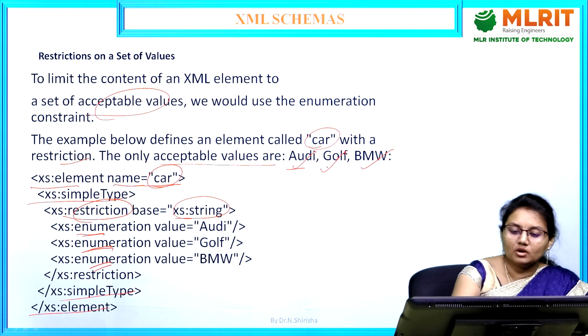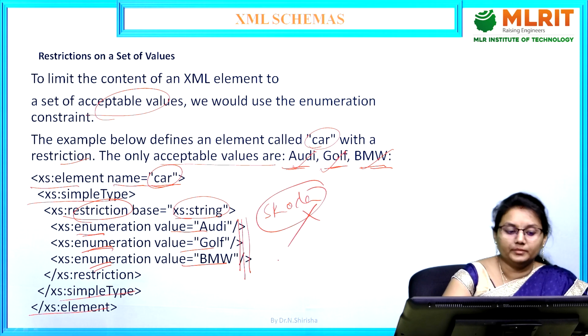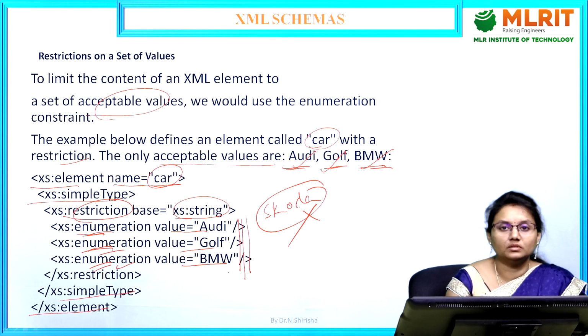How many options do I have? Audi, Golf and BMW. 3 are there. So 3 values I need to define. These are the options. These are the restrictions. Apart from these, if I have something like Skoda, no, because my enumerations are only 3. I am restricted only to these 3.